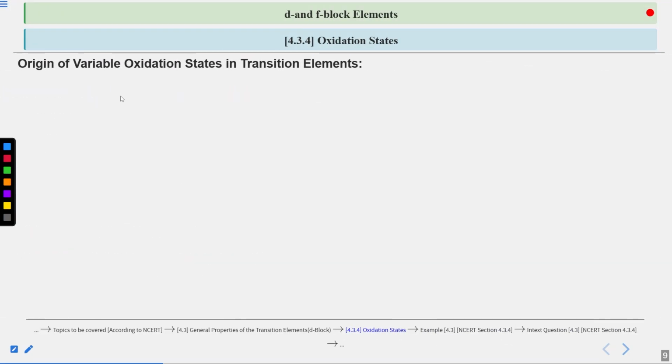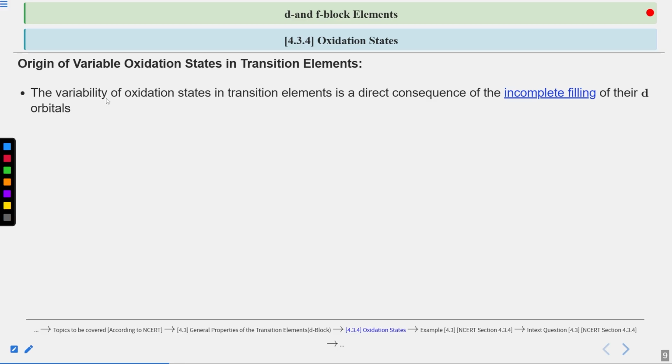Now, the origin of variable oxidation states in the transition elements. The variability of oxidation state in transition elements is a direct consequence of the incomplete filling of their d orbitals, due to which they show variable oxidation states.